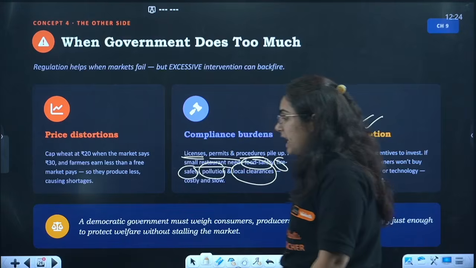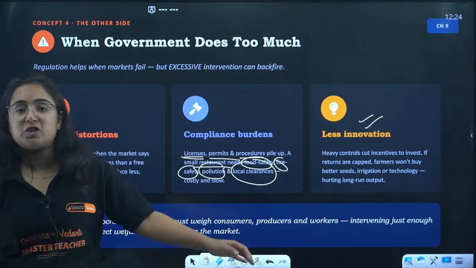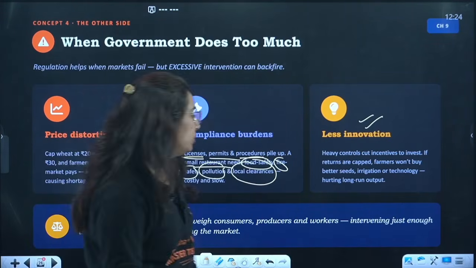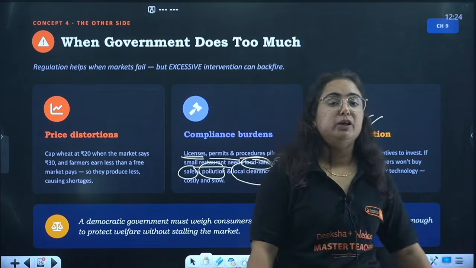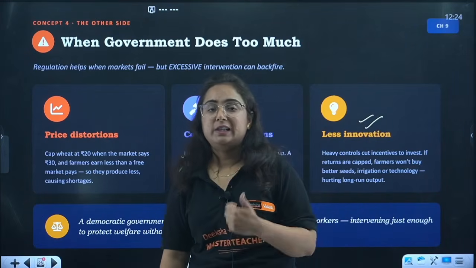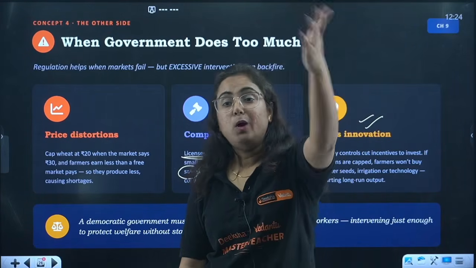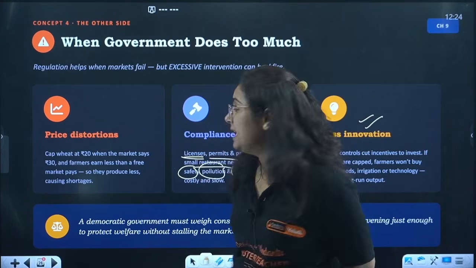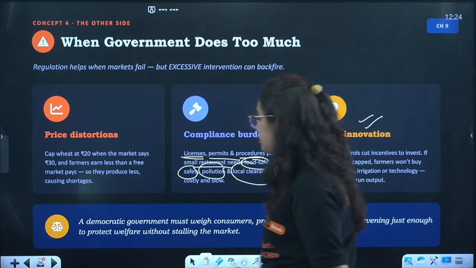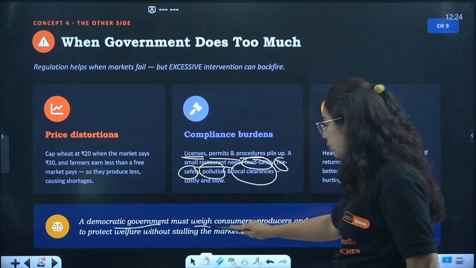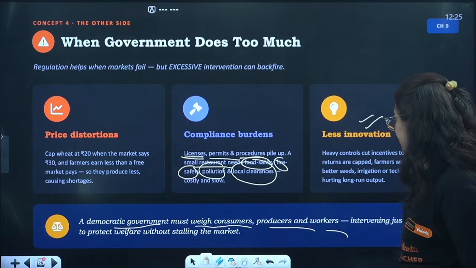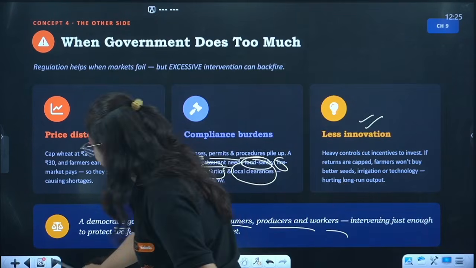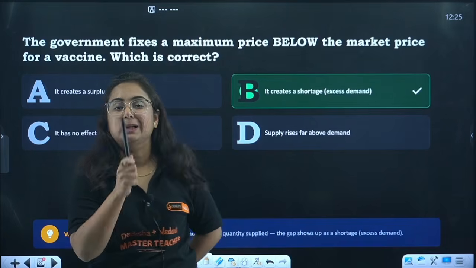So beta, when your procedure is not smooth, your innovation actually decreases. When you don't have a lot of money, it decreases. When you don't have any support from the government to start a business, it decreases. So a democratic government must weigh consumers, producers and workers and then interfere with the objective of welfare.